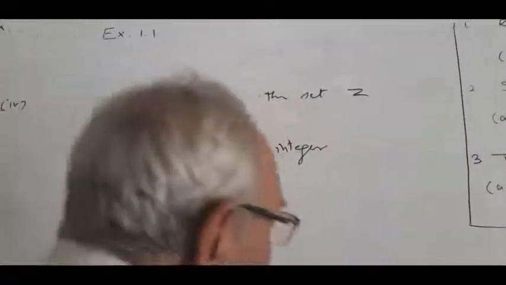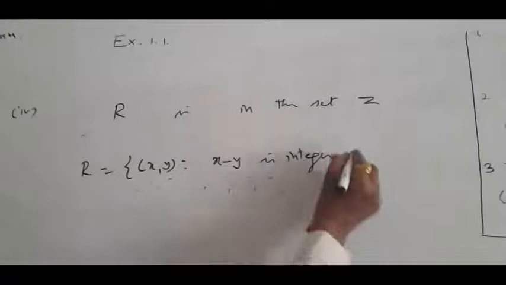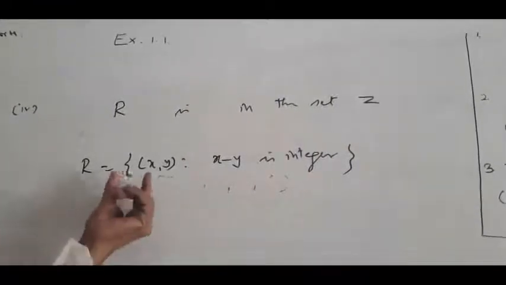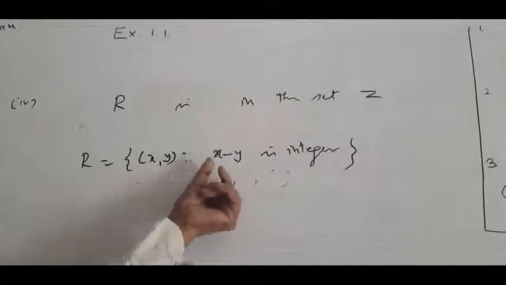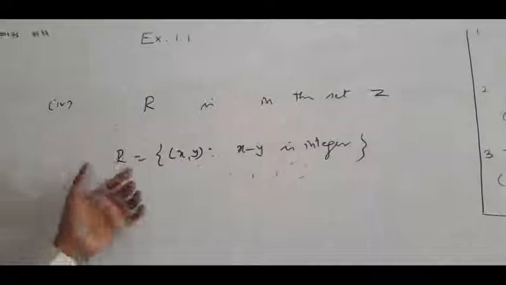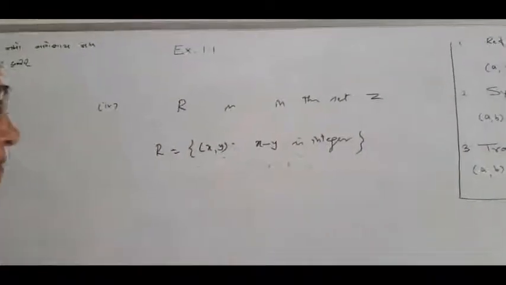So this is a very simple example. You can easily do it by yourself. Even so, I will just explain. The ordered pair (x, x), where x minus x is 0, is an integer, means for every x belonging to Z, (x, x) belongs to R, means reflexive.